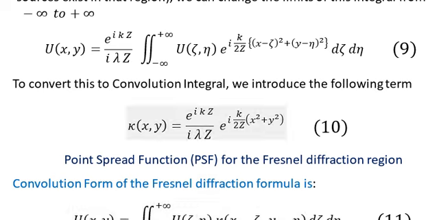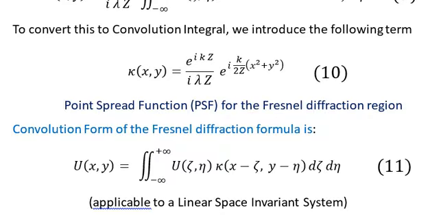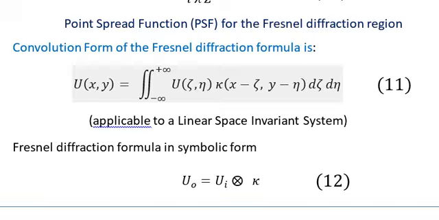This kappa which is given in equation number 10 will enable us to write the formula in equation number 9 in the convolution form. So the convolution form of the integral of the Fresnel diffraction formula is given in equation number 11. u of x comma y is equal to double integral from minus infinity to plus infinity u of zeta and eta, the field at a general point zeta and eta in the zeta eta plane, multiplied by kappa of x minus zeta and y minus eta, and the integral is with respect to d zeta d eta.